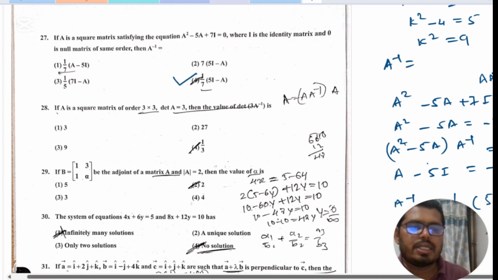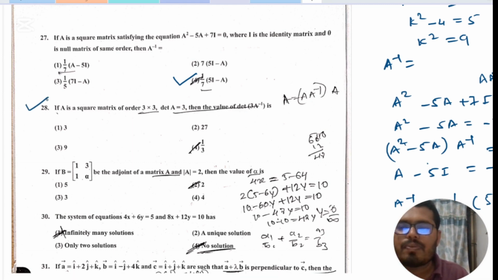Okay, next is question number 28. If A is a square matrix of order 3 by 3, determinant of A equal to 3, then the value of determinant of 3A inverse. Determinant of 3A inverse is equal to, K scalar is there, therefore A is a 3 by 3 matrix, it is equal to 3 raised to 3 into determinant of A inverse.